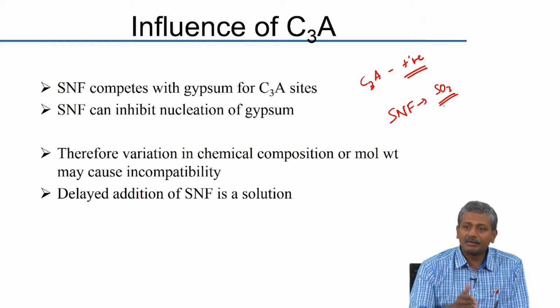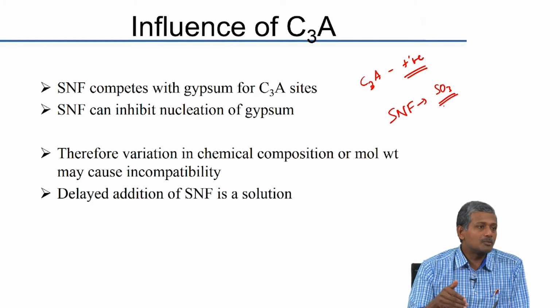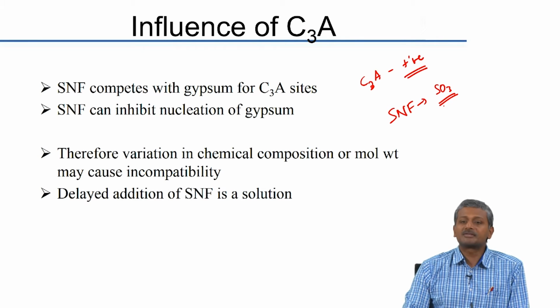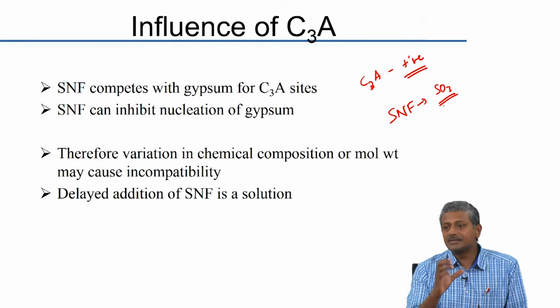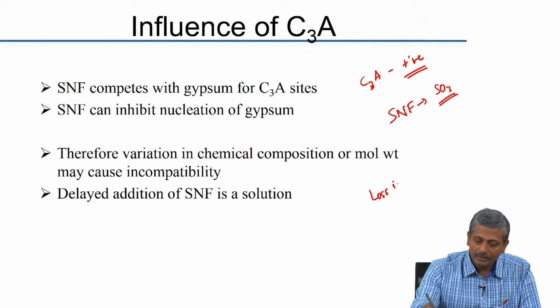Neither is the slump getting retained nor is setting happening fast, because your superplasticizer molecules are getting adsorbed on the C3A particles. Okay. So, you get loss in slump and you get delayed setting also.